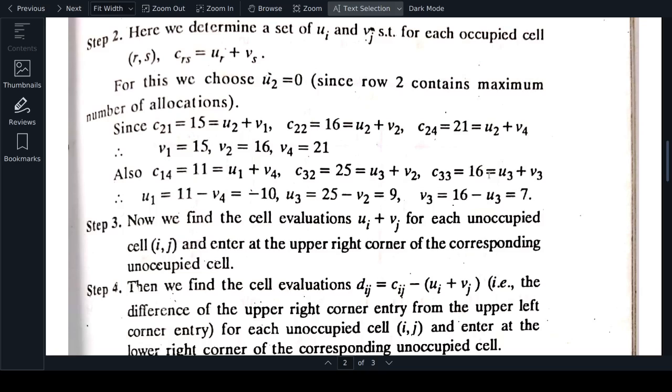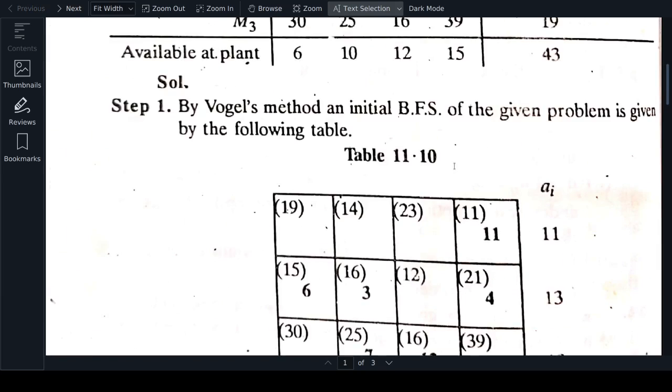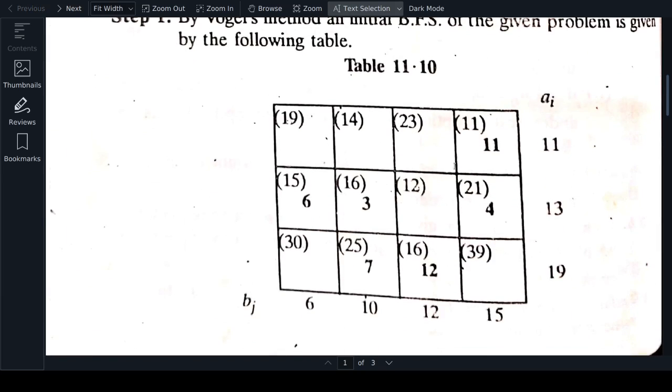Okay, cost. So here you see within brackets these are called costs, and outside brackets are the allocations in table number 11.10. Within brackets, these are costs, means 19, 14, 23.